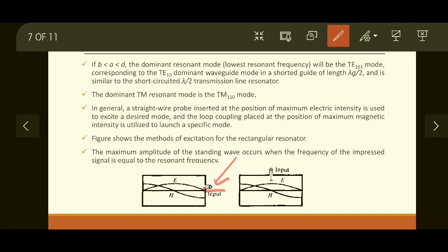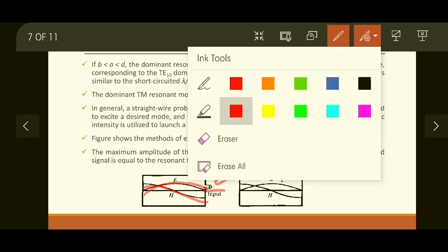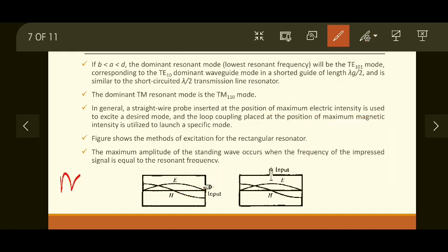This is the input, so you will get one half wave here and another half wave there. This is also a half wave, because this is a quarter wave and this is a quarter wave, that makes it a half wave. So this is for m equal to 1 and n equal to 1. This is also another way of inserting a probe.